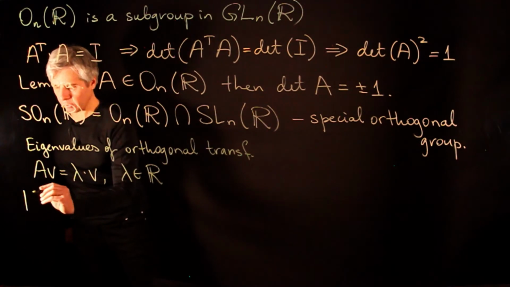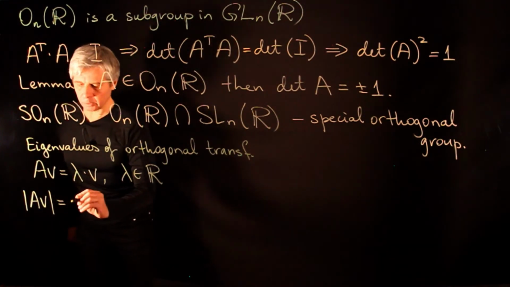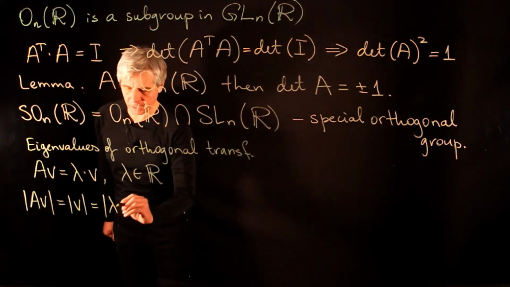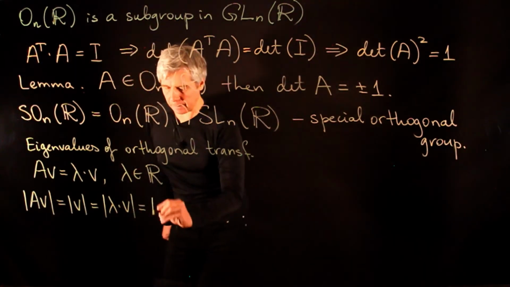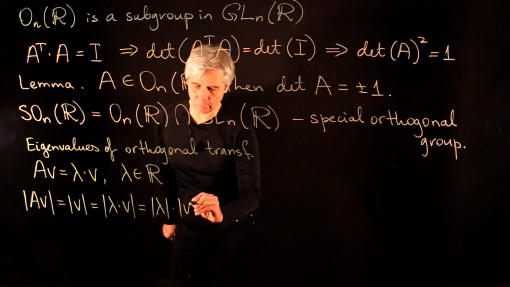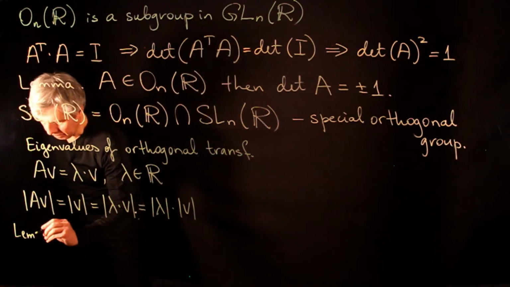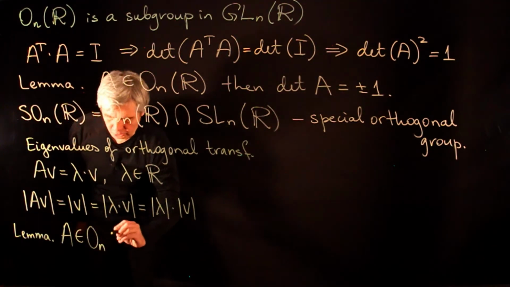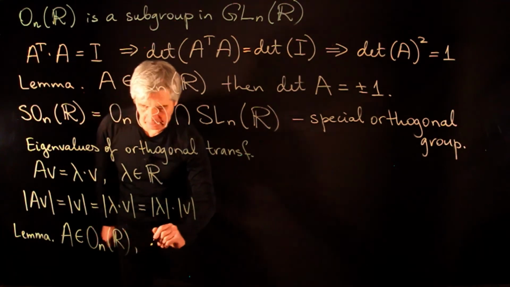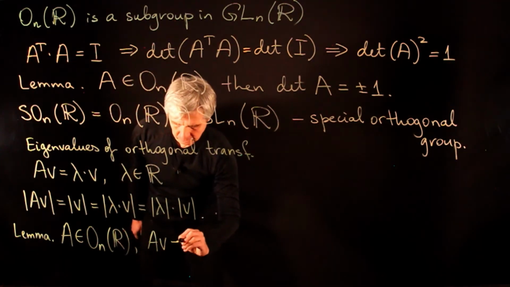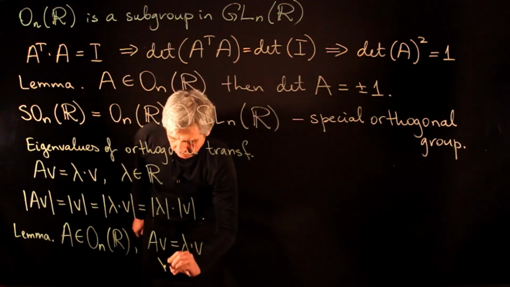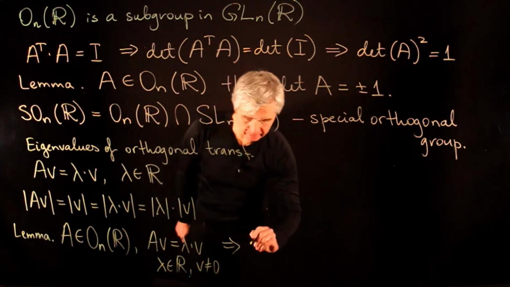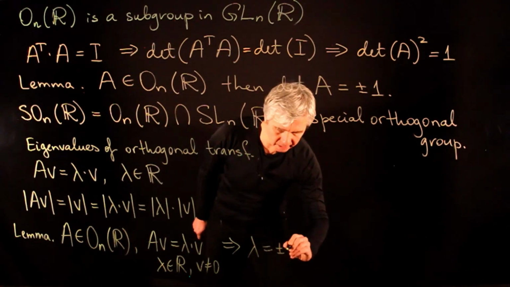So this means that the length of AV is equal to the length of V. But V is an eigenvector, so this is the length of lambda times V, which is the absolute value of lambda times the length of V. And this gives us a lemma that if A is an orthogonal transformation and V is an eigenvector, AV is equal to lambda times V, where lambda is real and V is non-zero, then this implies that lambda is plus or minus 1.